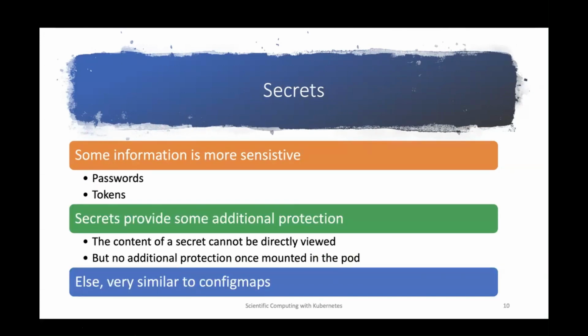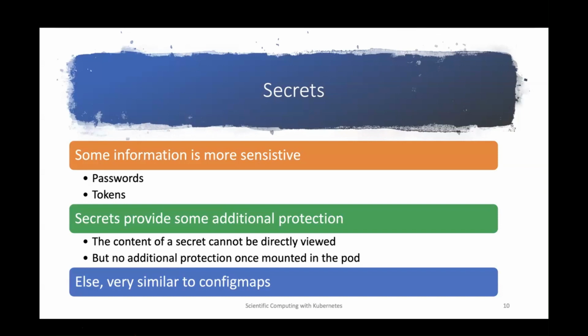A slightly related concept is secrets, and it's meant for information that is more sensitive, like passwords and tokens. It provides slightly more protection than config maps. For example, you cannot really see from your laptop what the content is, since it's encoded. And when it's mounted inside the container, Kubernetes makes sure it doesn't persist on disk in case of crashes and stuff like that.